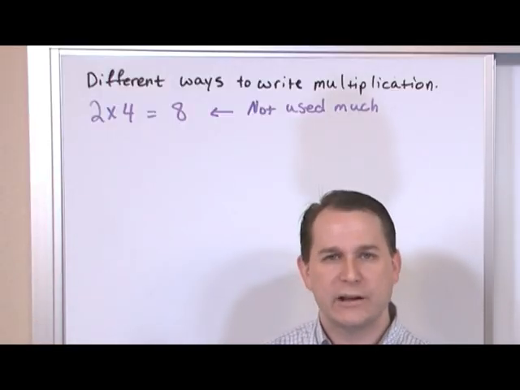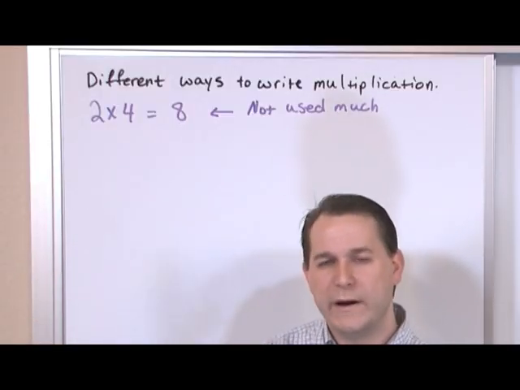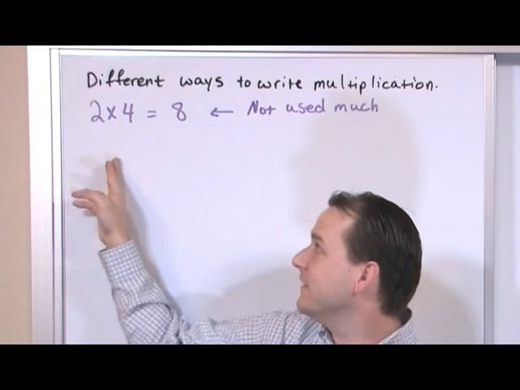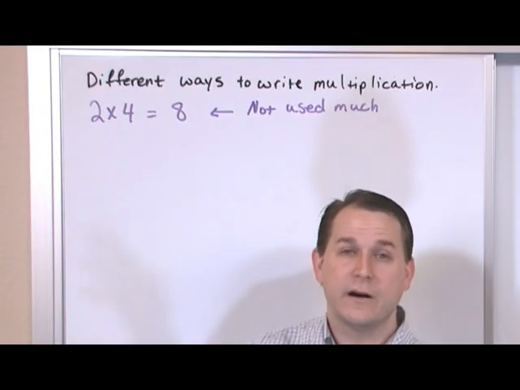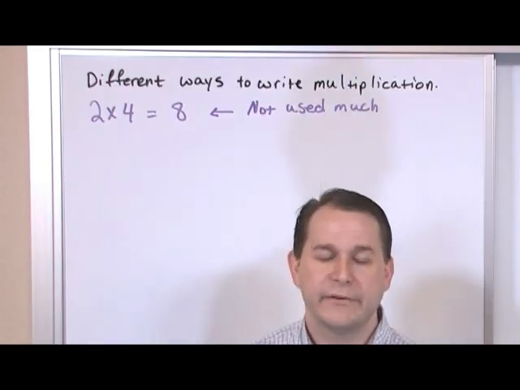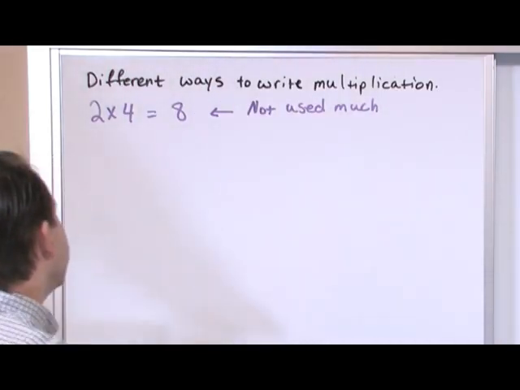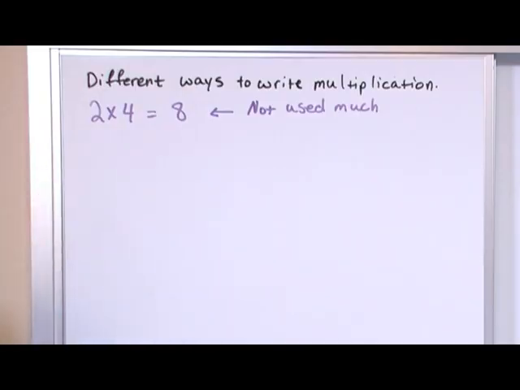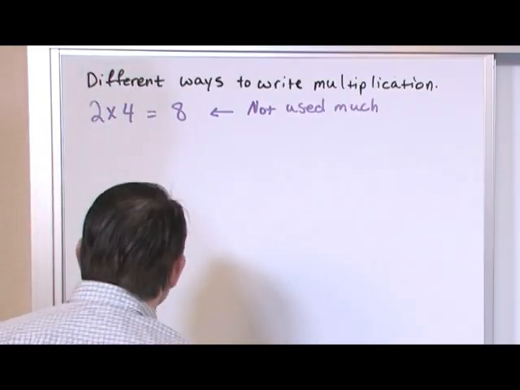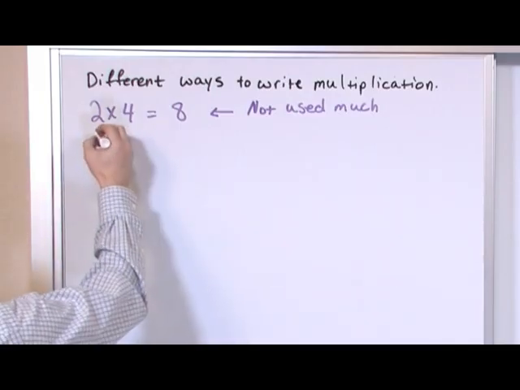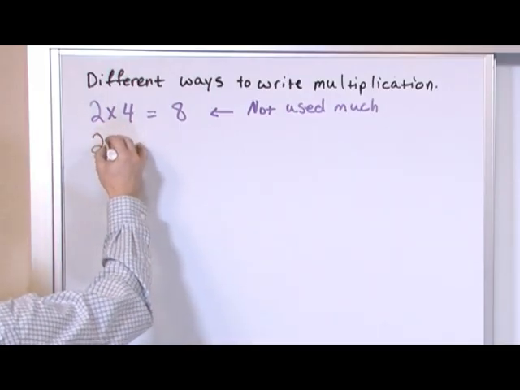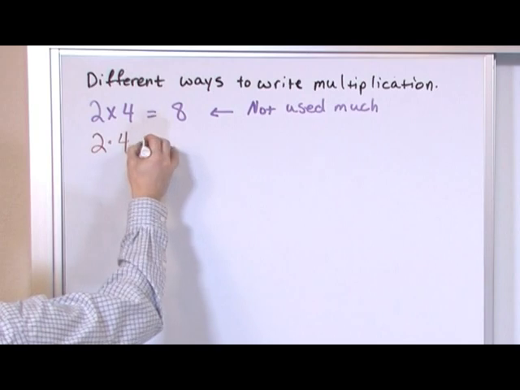You'll understand a little bit later, when we get into equations and variables, why this would get confusing. We really never use letters unless we're talking about a variable in algebra, so we're not going to write multiplication that way. That would just be confusing. Another way that you would write it, which is very common, is 2 times 4 is equal to 8.